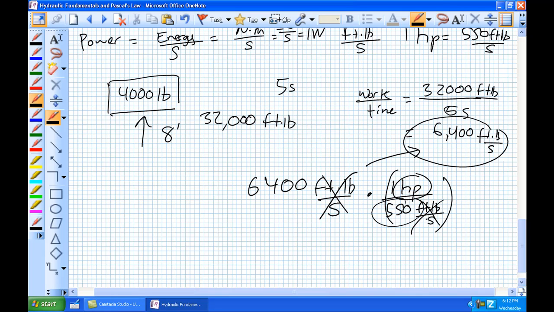I still have to divide 6,400 by 550, which gives us 11.6 horsepower. If I lifted a 4,000 pound weight 8 feet in 5 seconds, I'm going to need an 11.6 horsepower system to do this.